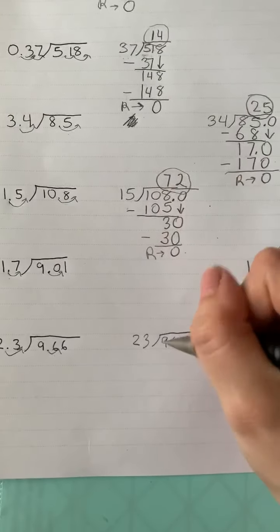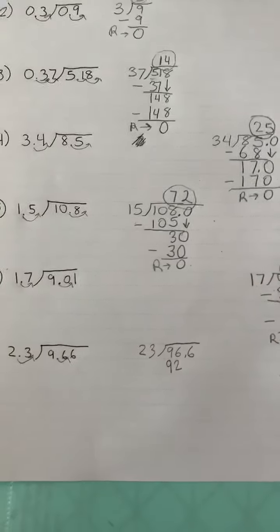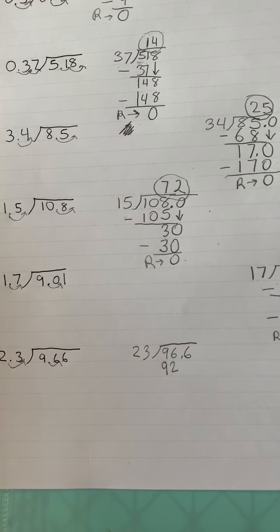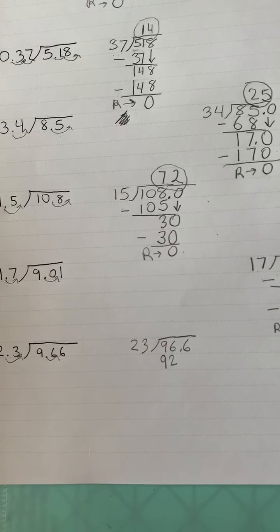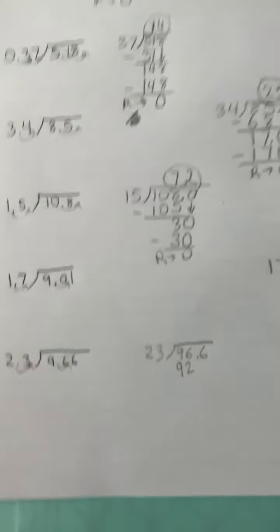Okay. 92. It went in, what did I say? 4. Okay.